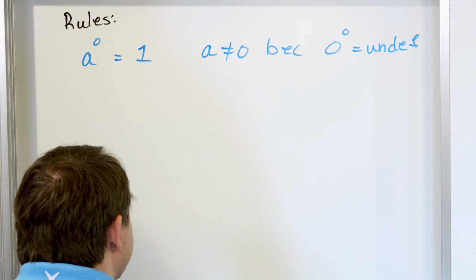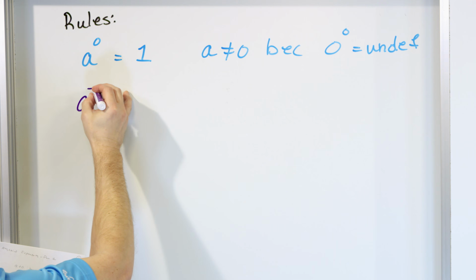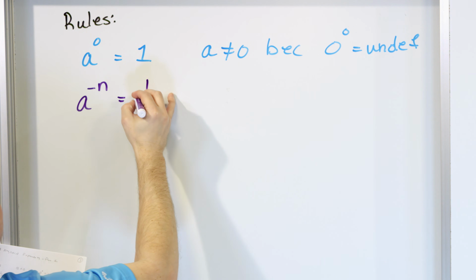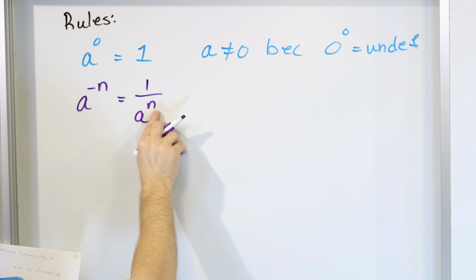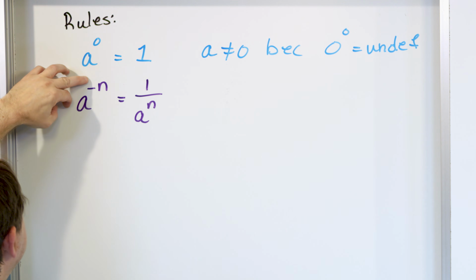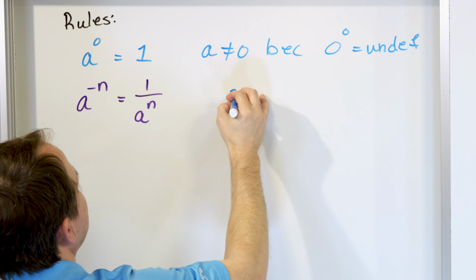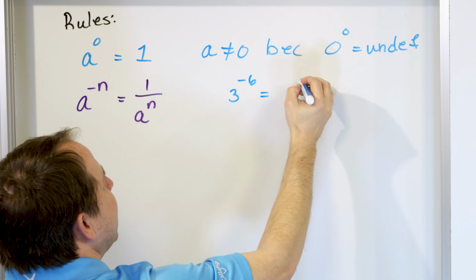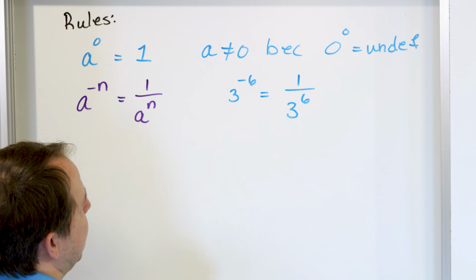Now the other rule that we have involving exponents like this is that a base raised to a negative exponent can always be written as follows. Just take the base and the exponent, move it to the denominator of a fraction and make the exponent positive. What this is saying is that if I have a negative exponent up here, for instance, 3 to the -6 power, it's exactly the same thing as putting it in the denominator of a fraction with a positive version of the same exponent.